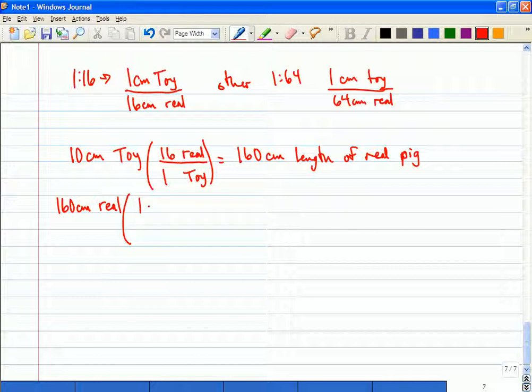Yeah, that's right. So 1 centimeter for the toy is 64 centimeters in the real world, because that's going to knock out the real world and put us back into the toy size. So that's going to be 160 over 64.